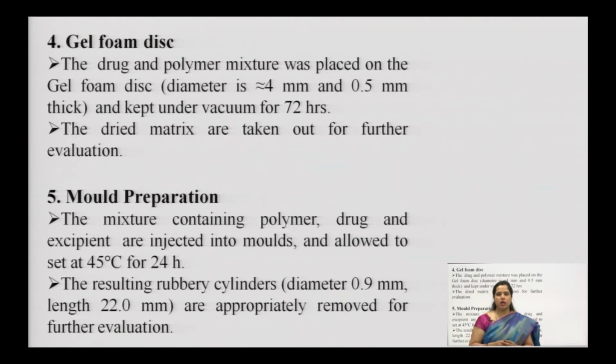It takes time, and naturally with time it gets solidified, and then we can separate the film formed and cut it into the desired shape. The resulting rubbery cylinders, with a diameter of 0.9 mm and a length of 22 mm, are removed for further evaluation.